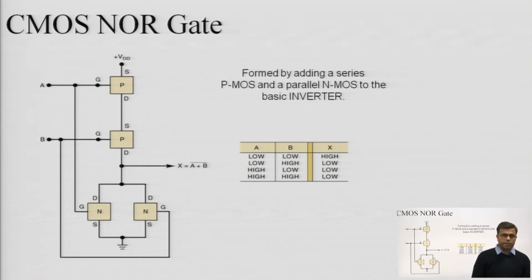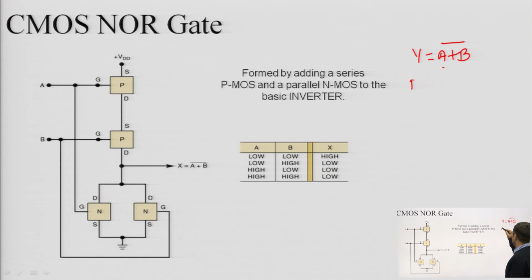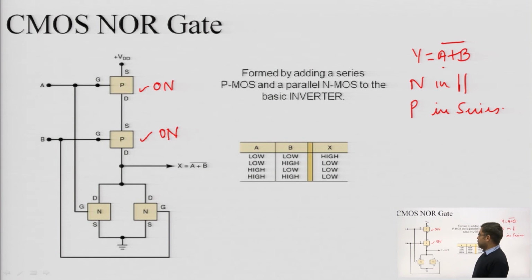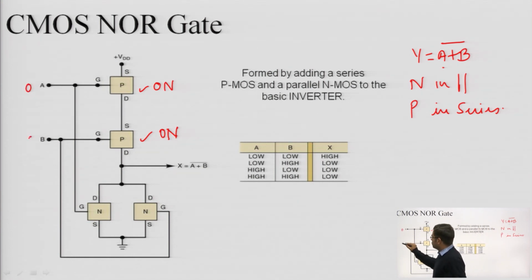Similarly, there is the CMOS NOR gate. CMOS NOR gate means Y is equal to (A plus B) complement. It is similar, that means for A plus B, N in parallel and P in series. In that case, you can check that both PMOS transistors are on only if both inputs are 0.